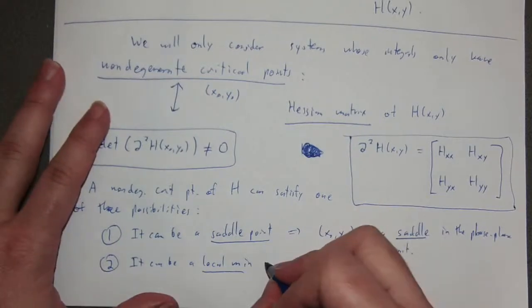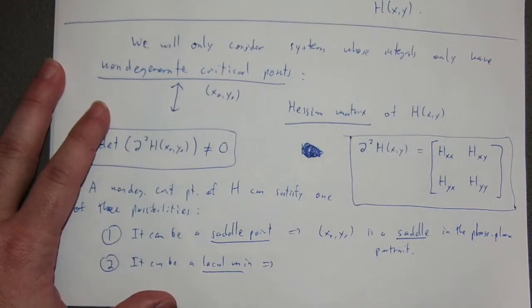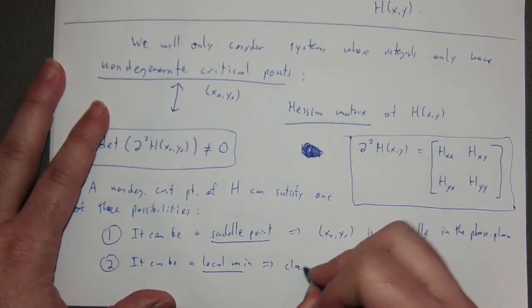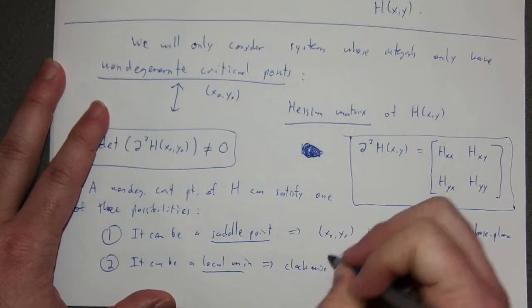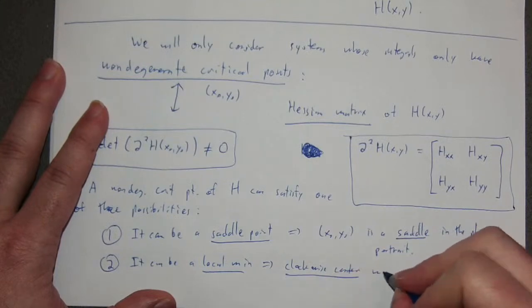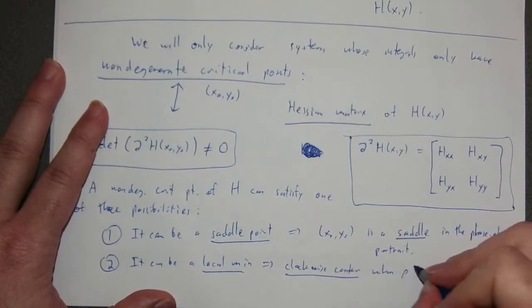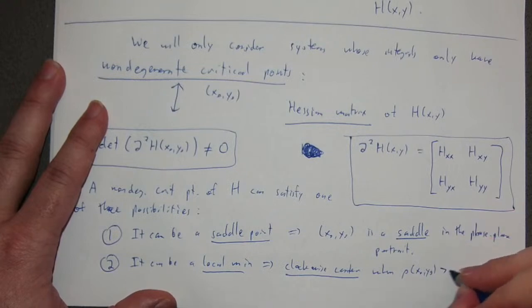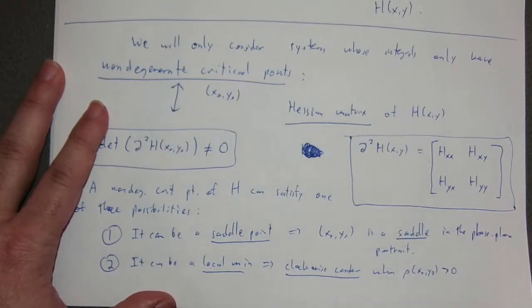So this gives rise to a clockwise center when rho of x naught y naught is positive, counterclockwise center when it's negative.